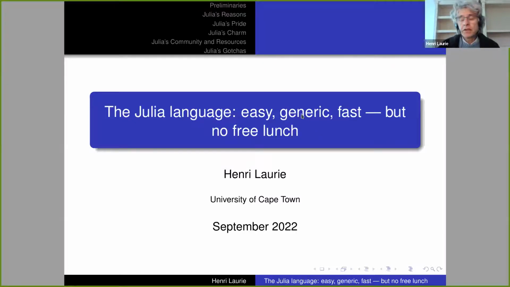Many languages are in many ways generic, but in Julia, it's kind of obligatory to be generic. Nevertheless, these two features were usually thought to mean that it cannot be fast, but the designers of Julia have found a way to do that. And I want to emphasize that. But also I want to acknowledge that you pay for that in some ways for the combination.